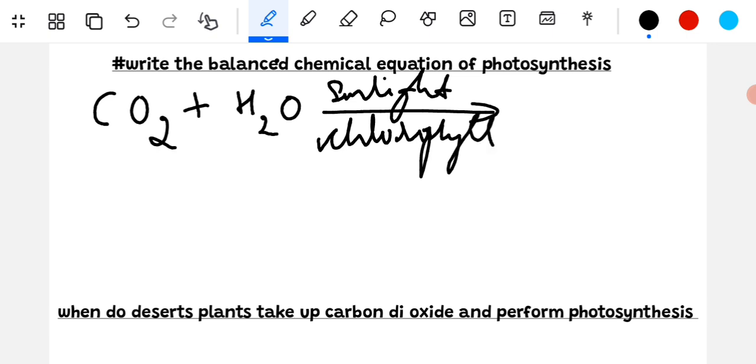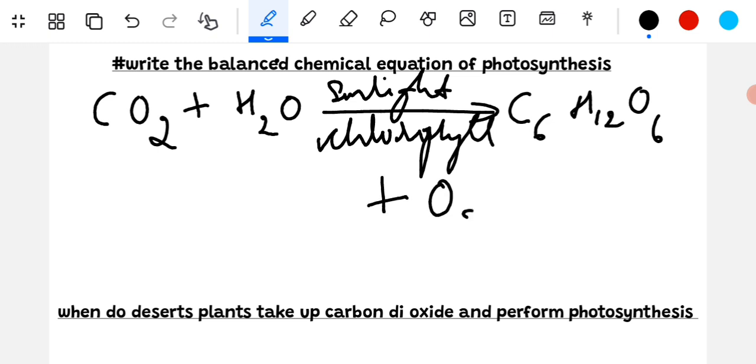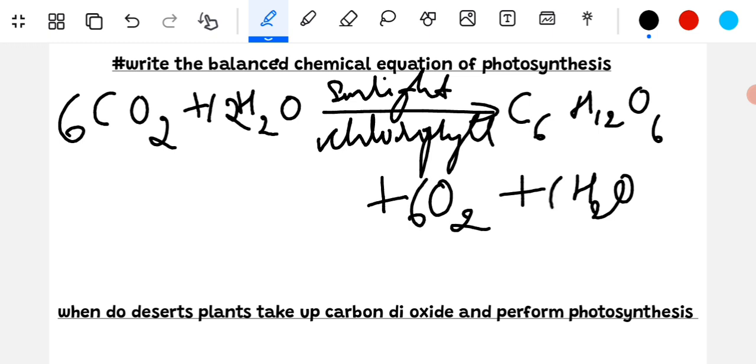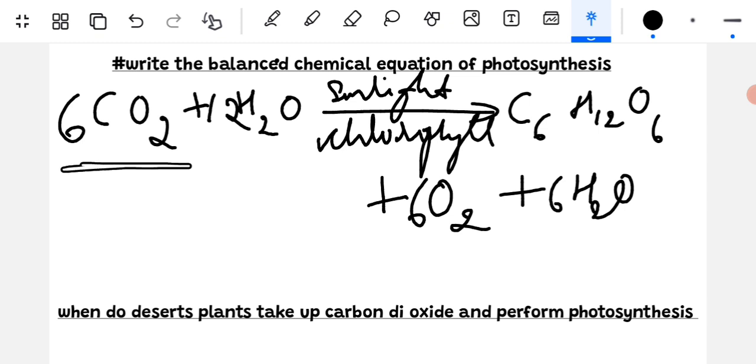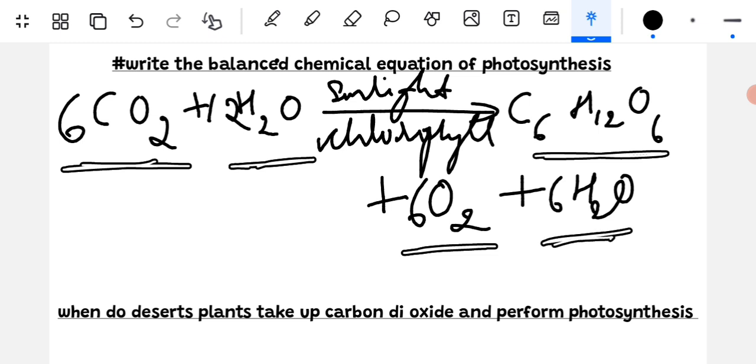They will give the main product as C6H12O6 and as a byproduct oxygen and also water. So they have asked for the balanced one. So 6, 12, 6, 6. Below it, you write the full names: carbon dioxide, water, glucose, and the byproducts oxygen and water. That's it.